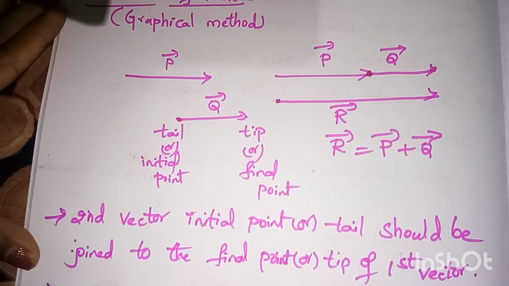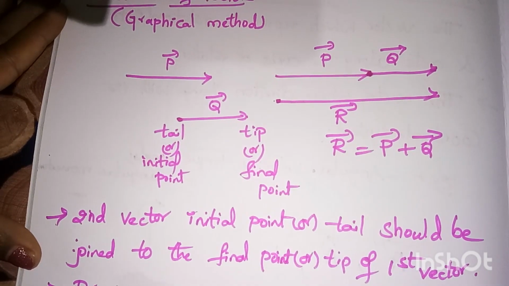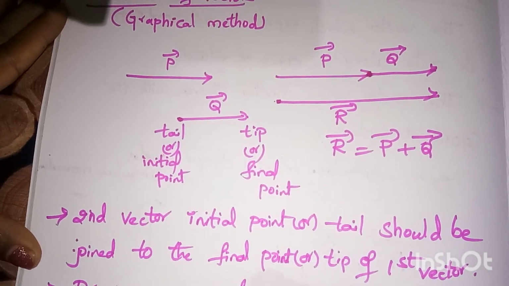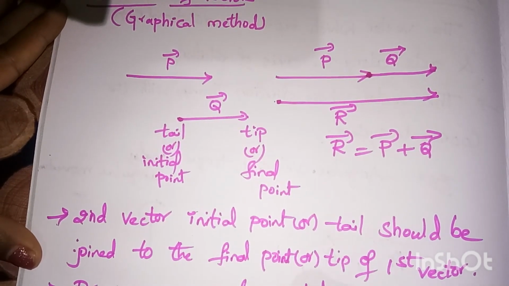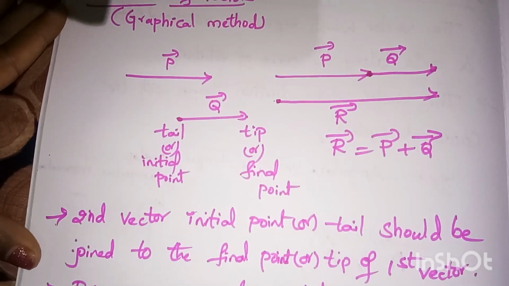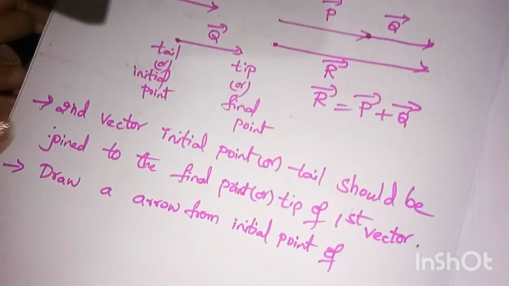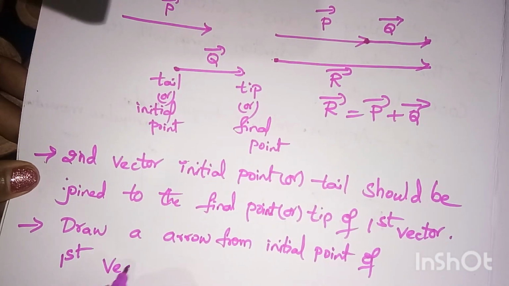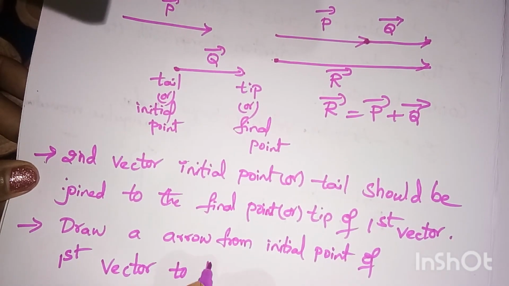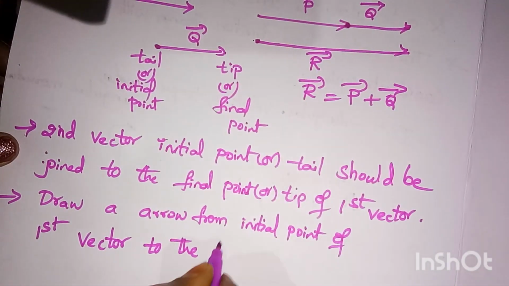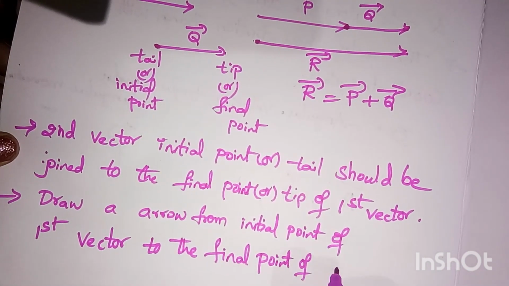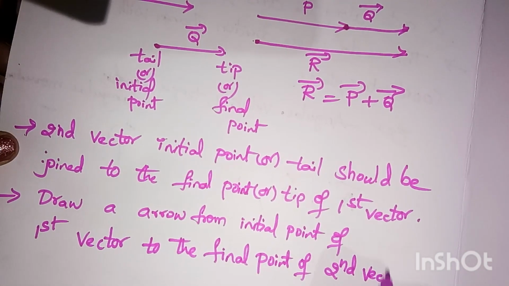And second, draw an arrow from the initial point of the first vector to the final point of the second vector.